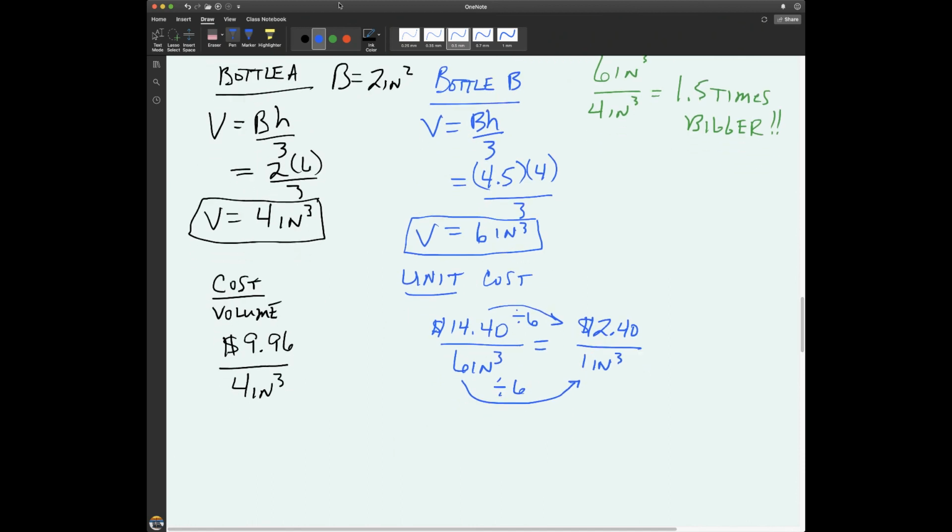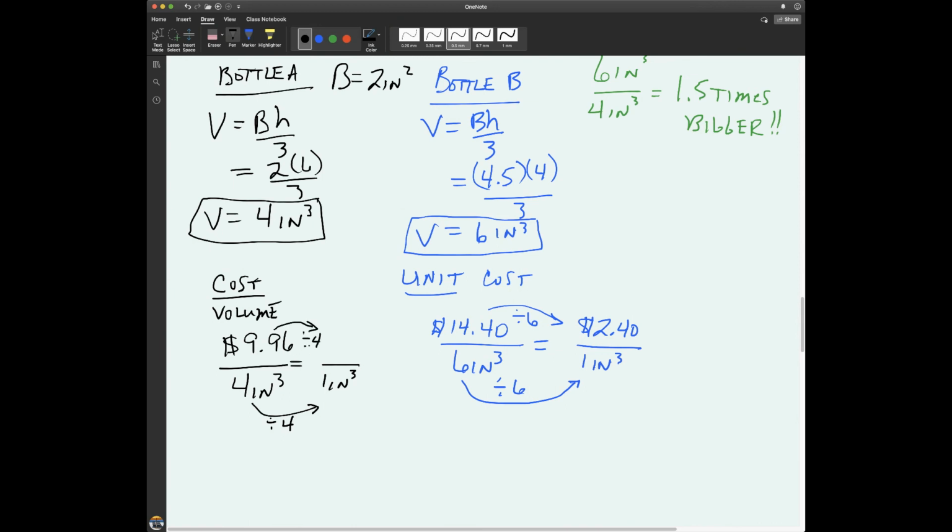What about for bottle A? We do the same thing. We want to turn this into a unit cost or unit rate. So this one I divide the numerator by 4.